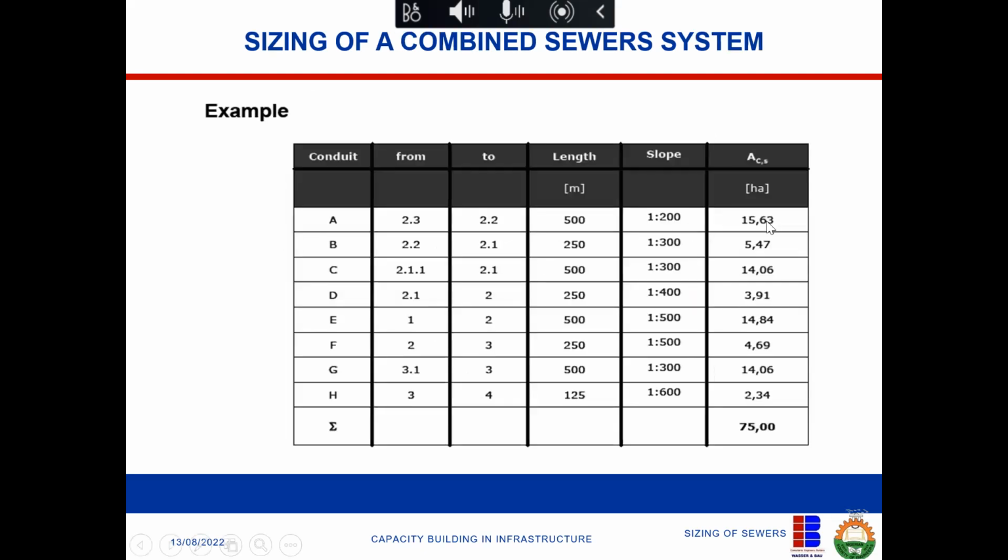So this is the data we have for this catchment. These are the conduits. This is the beginning, this is the end, this is the length of each pipe, this is the slope, and this is the catchment area bordering that particular catchment. So let me go back.